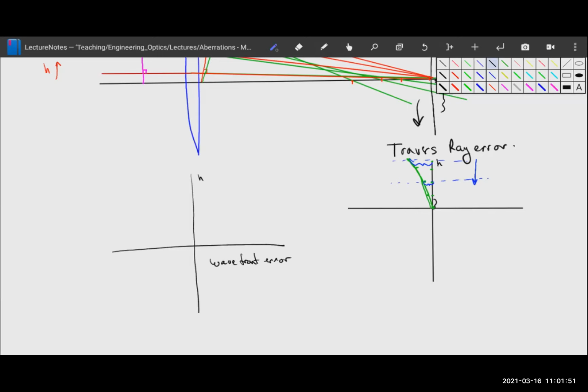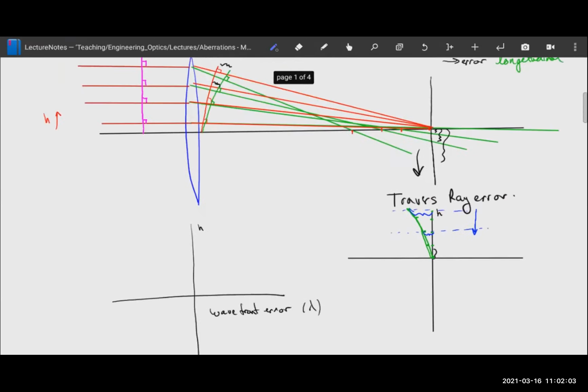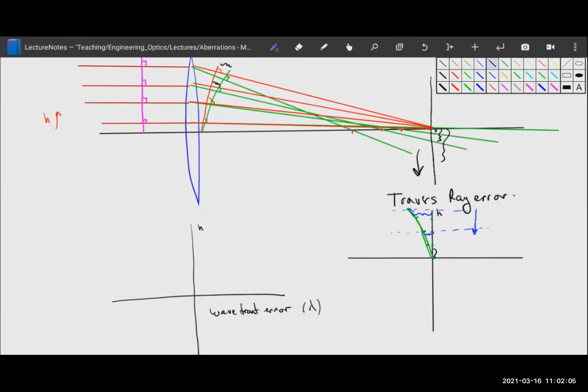So it has no units, right? It's unitless because it's normalized, but we do it in multiples of lambda. And in this case, our wavefront error is going to result in a negative curve like this, right? Where as we increase our height, we increase the amount of error in our wavefront.